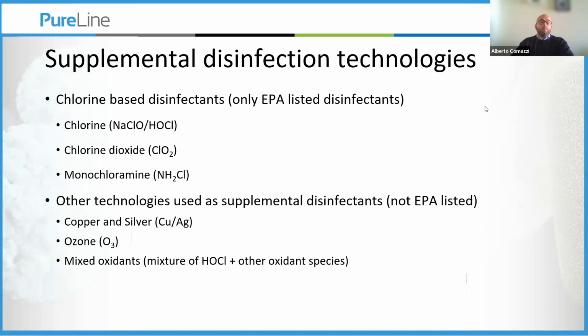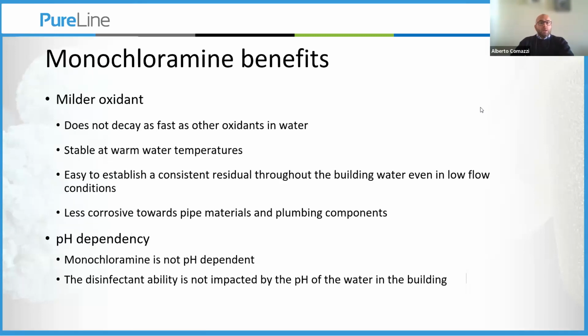Buildings are also implementing other technologies and strategies to try to mitigate Legionella in their plumbing system, such as copper-silver, ozone, Myox, and also short course remediation, such as heat and flush or hyperchlorination. So speaking about monochloramine and the benefits of the molecule, it's definitely a much milder oxidant compared to chlorine and chlorine dioxide.